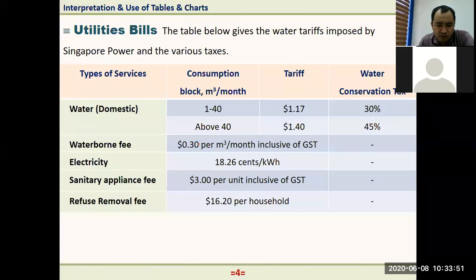So they collect for this, and this money they will use for that renewal of pipes. Anyway, something like this. But here it says 0.30 dollars per meter cube of water per month, inclusive of GST.